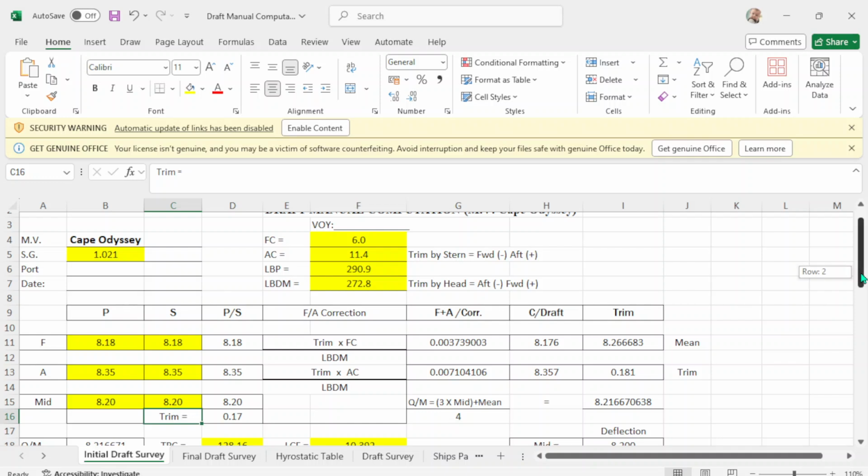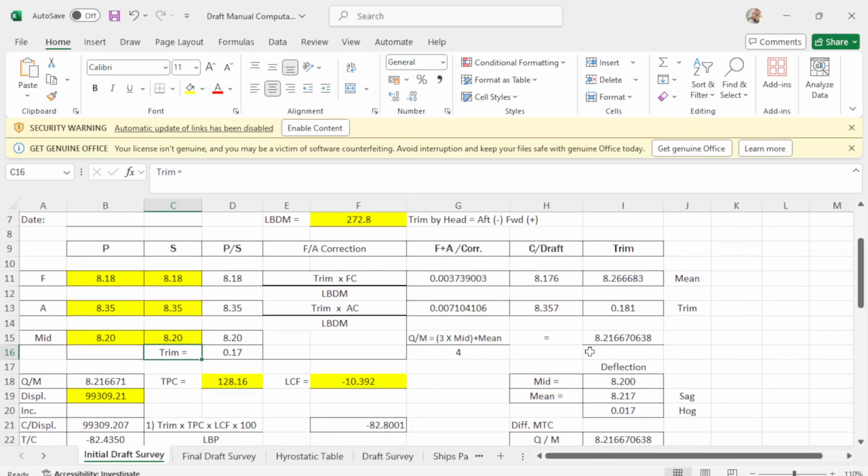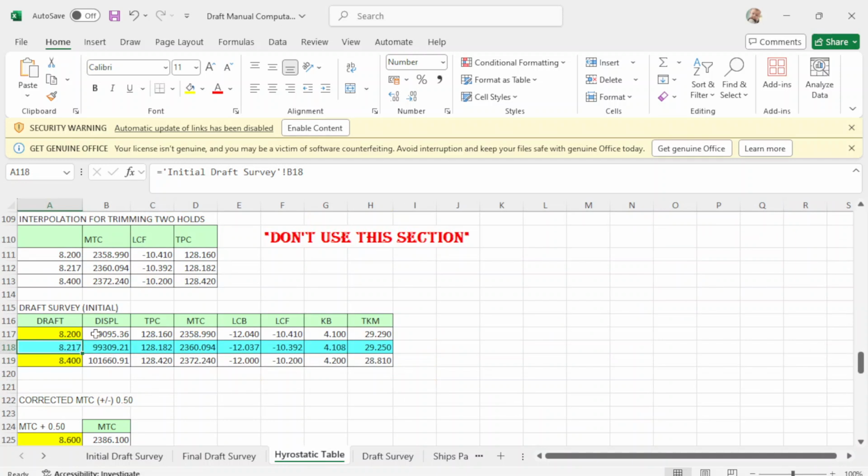Now the quarter mean draft is 8.2116, which is this one, and the displacement is 99309.21. So let's check this one, guys. We go to the hydrostatic table and go to the initial draft survey. The quarter mean draft is 8.217 here.